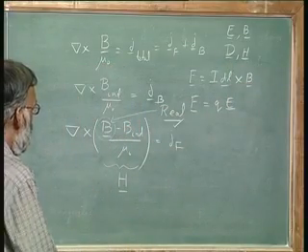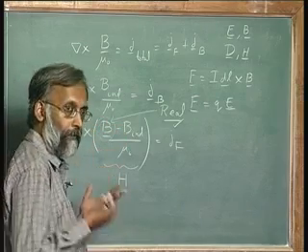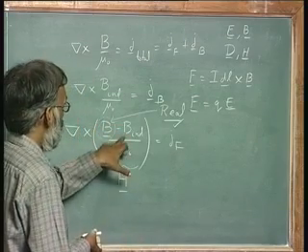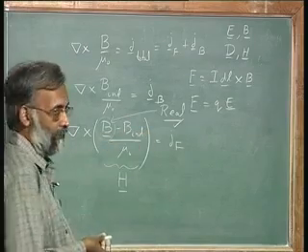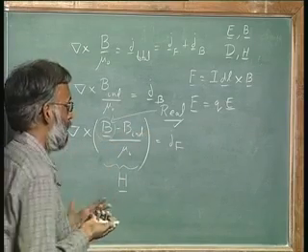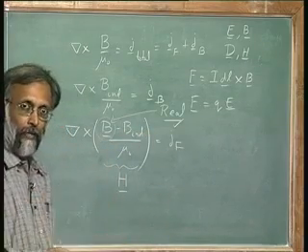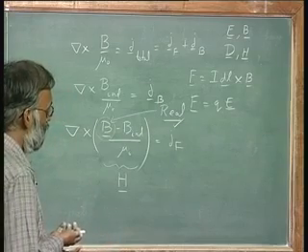Now, of course, different materials have different induced magnetic fields. We have talked about three kinds: diamagnetic, paramagnetic and ferromagnetic.